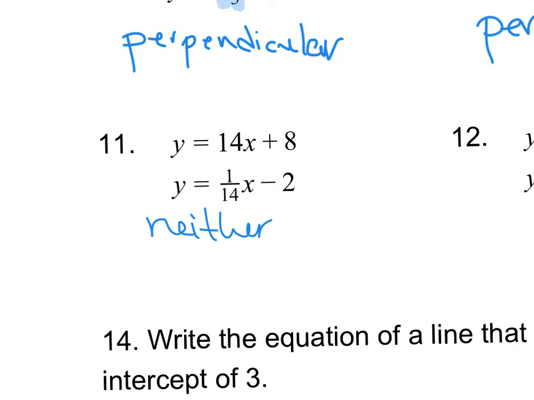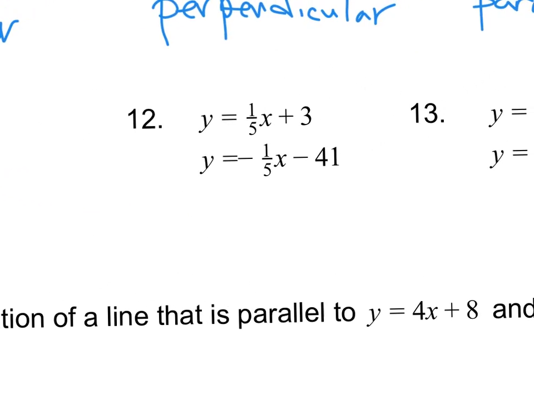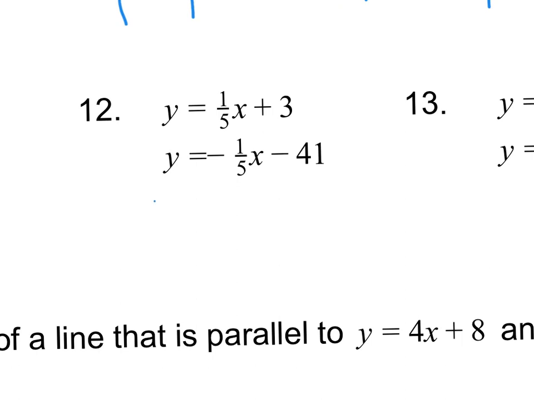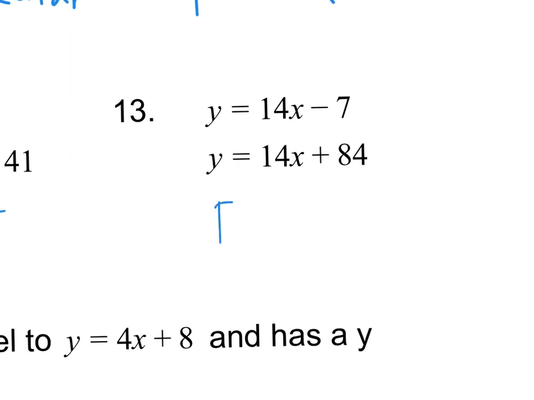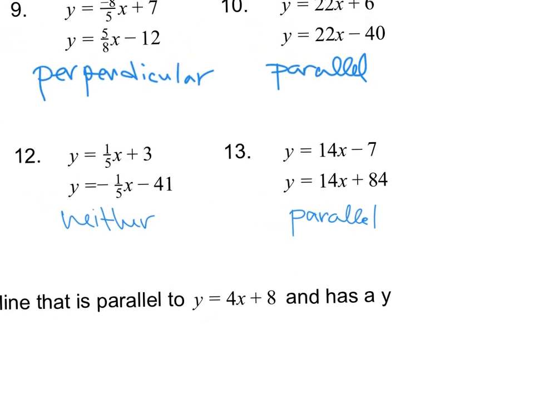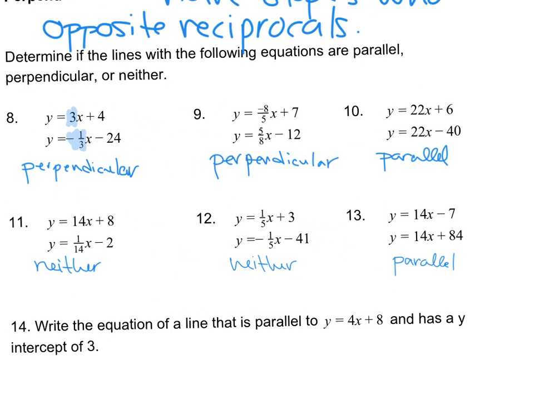So these are intersecting lines as well. Okay. What about number 12? Neither, right? Or intersecting lines. And 13, parallel. Okay. Any questions about how we classified those lines?